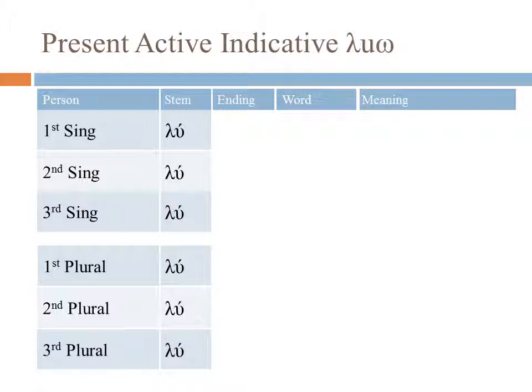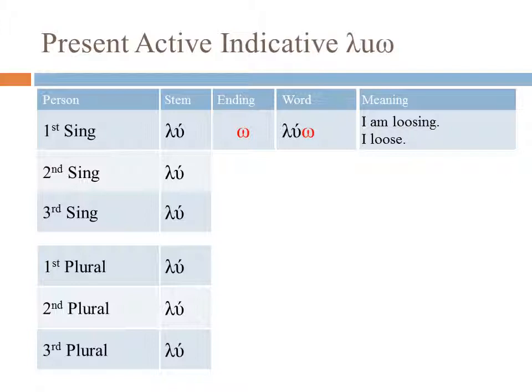So with the first person, we begin with lu, and its ending is omega. Lu plus omega, and we get luo. And the meaning of this is I am loosing. Remember, we want to think about continuous first, or I loose. So all we do with a verb is we have a stem, we're putting on an ending, which happens to be an ending that shows what the pronoun is, and we get a word.